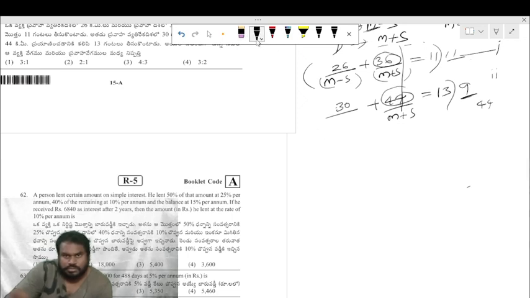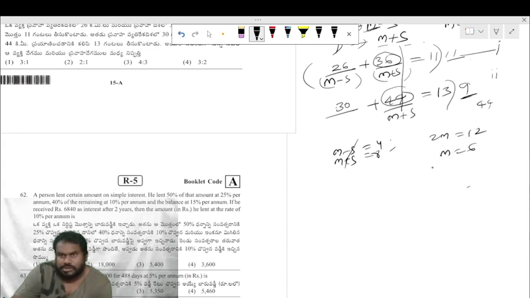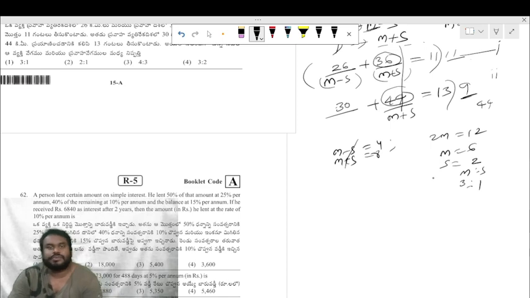So m minus s is 4, m plus s is 8. So subtracting, 2m is equal to 12, m is equal to 6, and then 2s is equal to 4, s is equal to 2. So m is to s how much? 3 is to 1 is the answer.